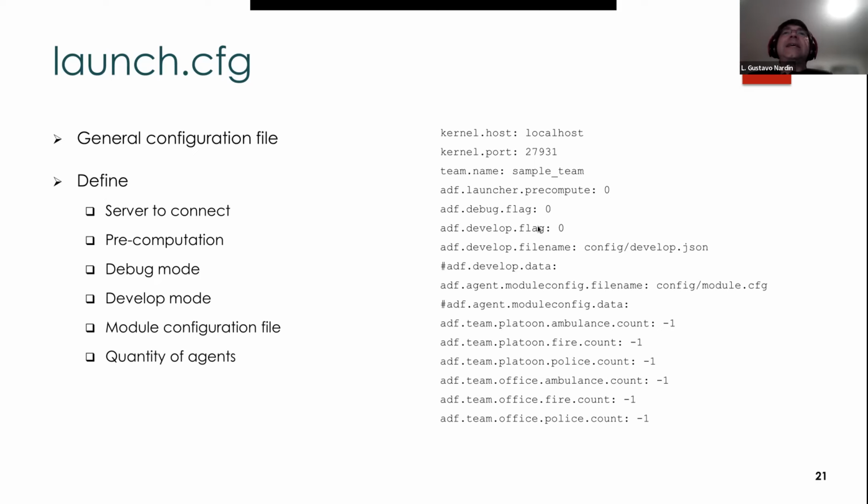So the develop flag is not something that is very common in other frameworks. Usually you have just a debug flag, but you don't have a develop flag. It's also interesting for me because I was not aware, and see that it points to a separate file, the develop.json file.